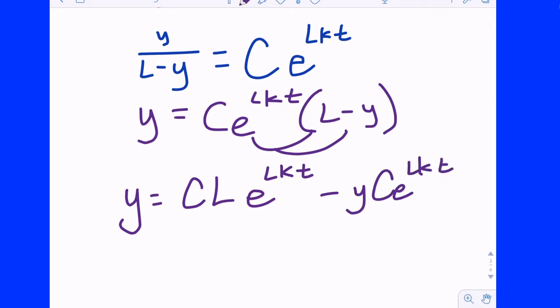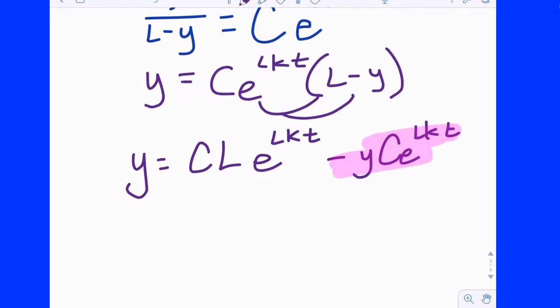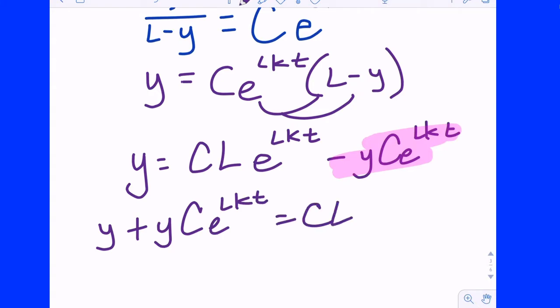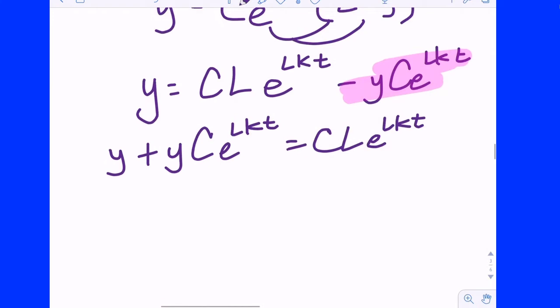Oh boy. All right, so now I have a term with a Y in it, so I'll bring it over to the left side and it becomes Y plus YCE to the LKT equals CLE to the LKT power. Fun. Now, I'm getting close.